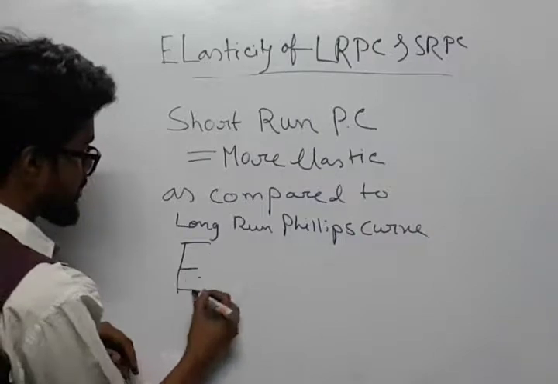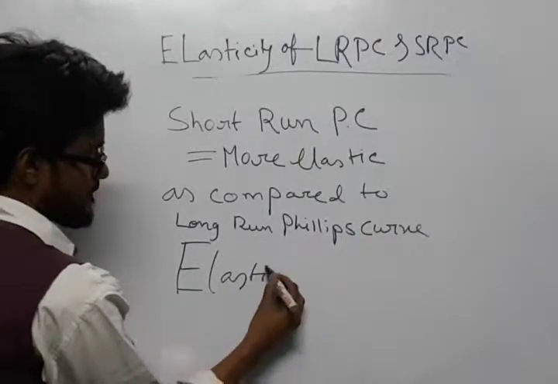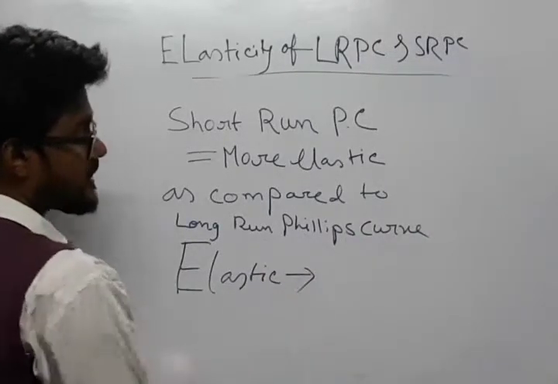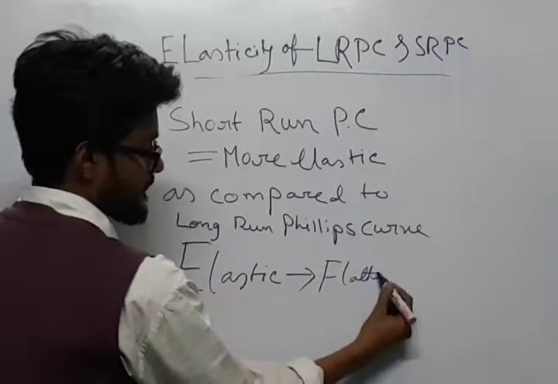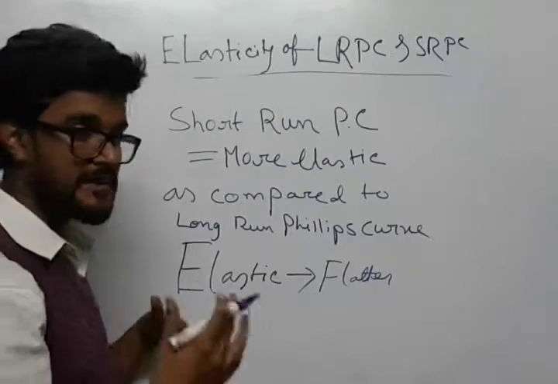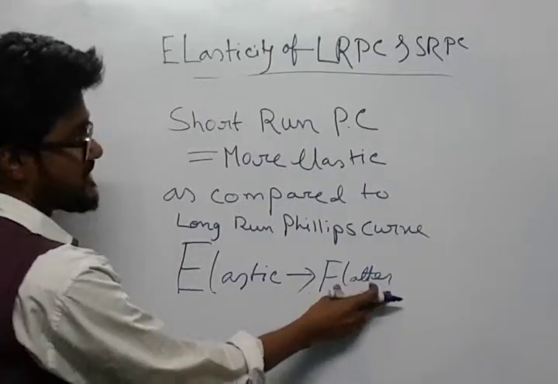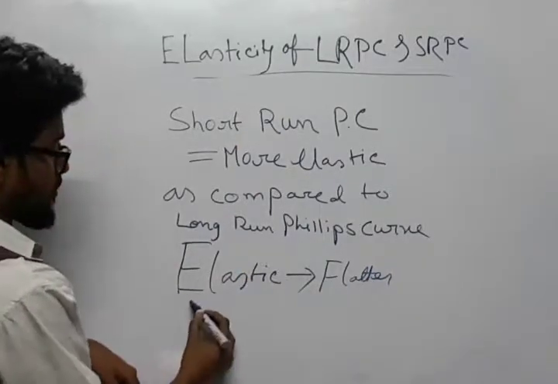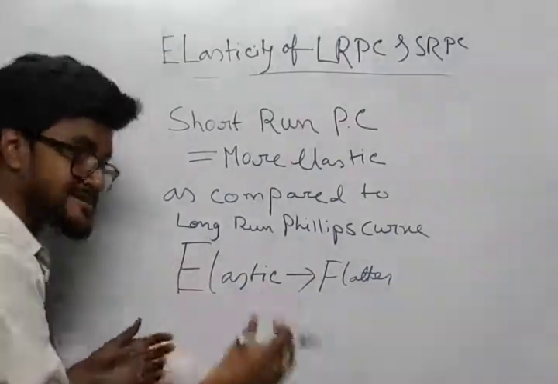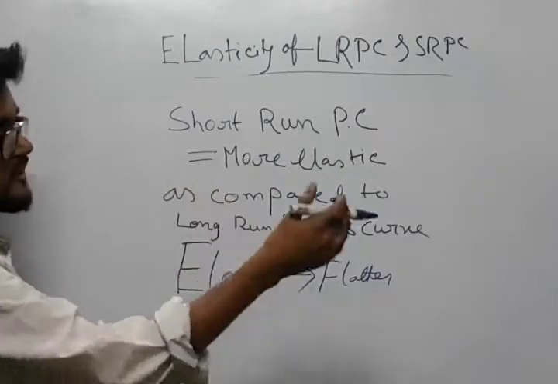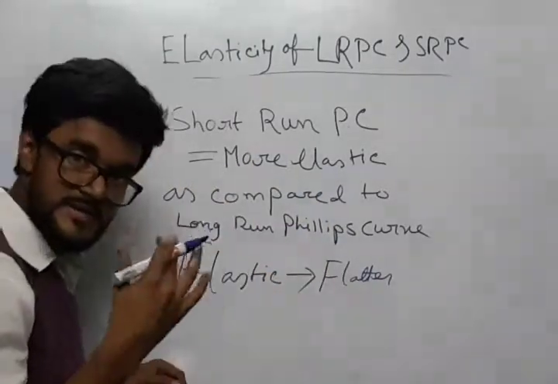Now here we have to remember one thing. When something is more elastic, we call it flatter. That is, elasticity has a relationship with flatness. When something is inelastic, or less elastic relative to the other one, we call it steeper.